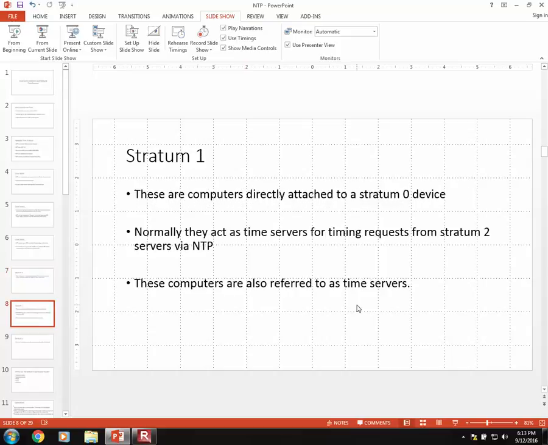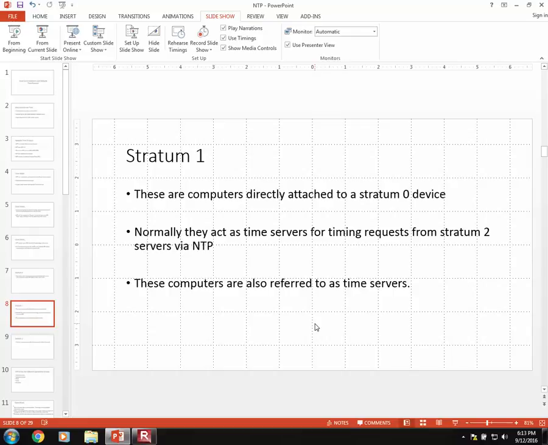Then below stratum 0, you have stratum 1. At stratum 1, these are going to be your time servers for your network. These computers are going to directly attach to your stratum 0 device, and they will act as time servers for time requests from the stratum 2 servers via NTP.